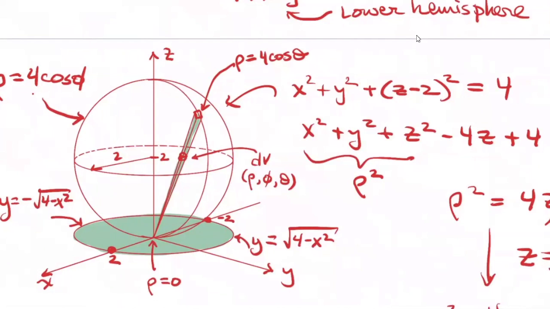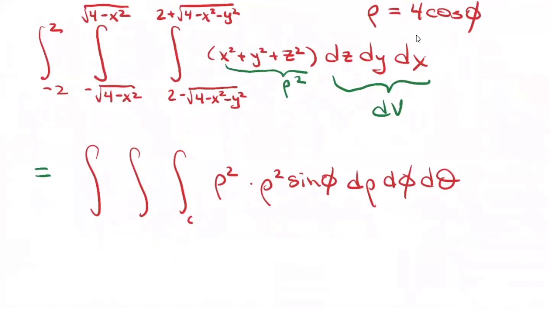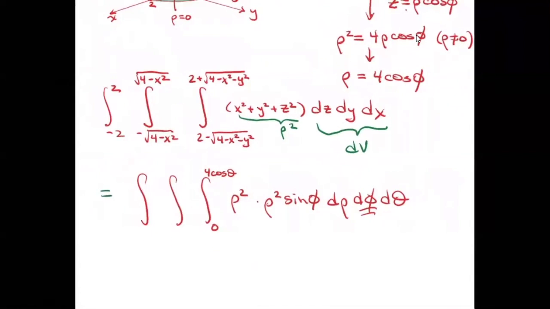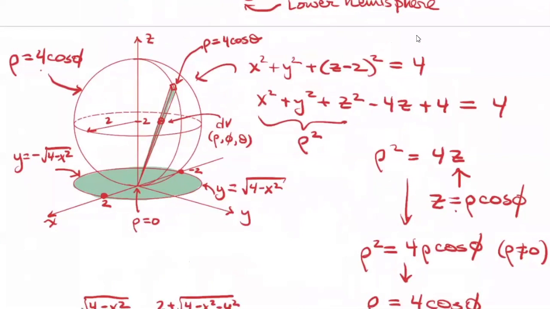So put those as the limits on rho: 0 to 4 cos phi. Now rho is done. Phi is next. Remember that phi is measured down from the North Pole. So if I drop an angle this way. Professor? Yep. Down there, is that cos phi or cos theta?